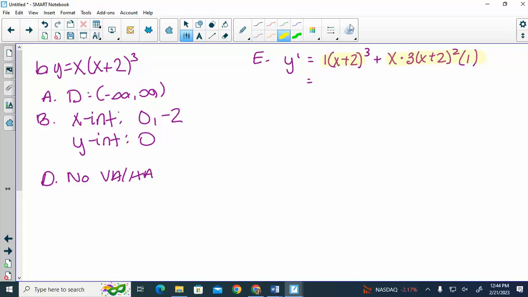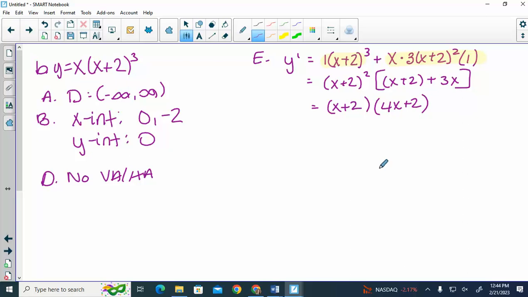What do both of them have? If I take that out, I'm left with an x plus 2 in the first term, and a 3x in the second term. So we get x plus 2 times 4x plus 2.